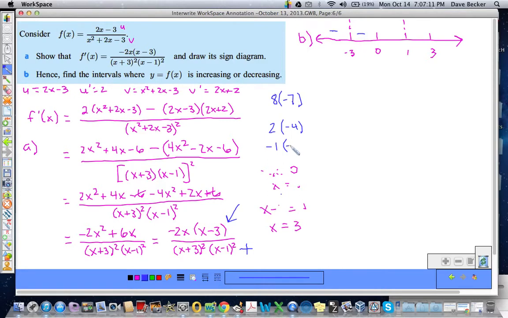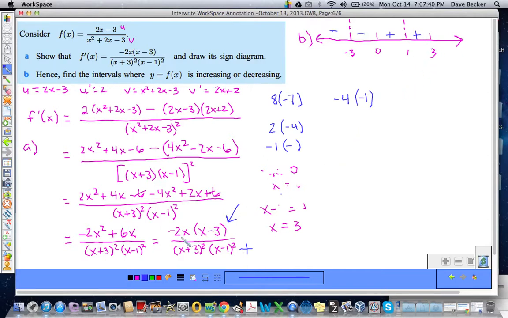That's going to be a negative whatever, and a negative times a negative is a positive. Now I'm going to test 2. Lots of testing going on. And let's see. Okay, so for 2, -2 times 2 is a -4 multiplied by 2 minus 3 is a -1. A negative times a negative is a positive.